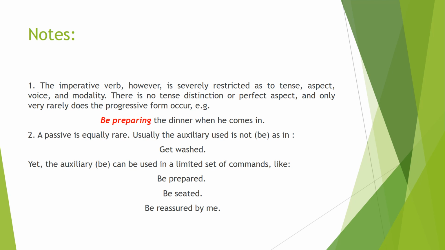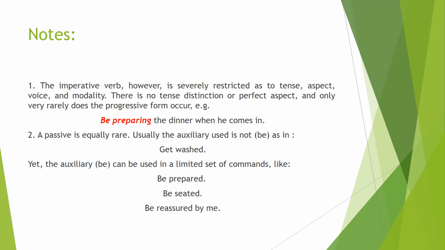Sometimes, as they say here, very rarely, the progressive or continuous form can be used. For example, "Be preparing the dinner when he comes in." So here the command is "be preparing." Why are we using the command in the progressive tense?